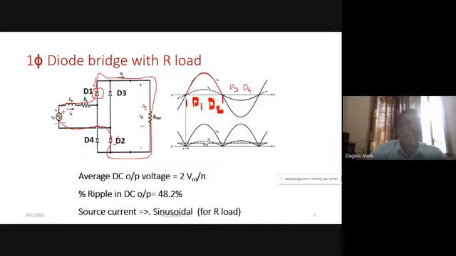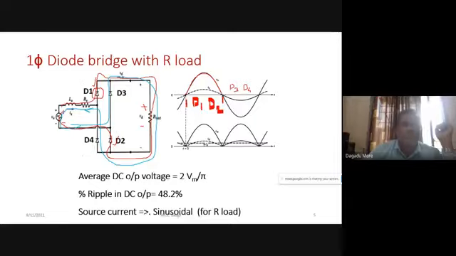Then the current will flow from D3, goes through the load, then through D4, and goes back to the supply. So this is our polarity of current. In the positive half cycle, current will flow in one direction, and in the negative half cycle in the other. And this will be our source current.